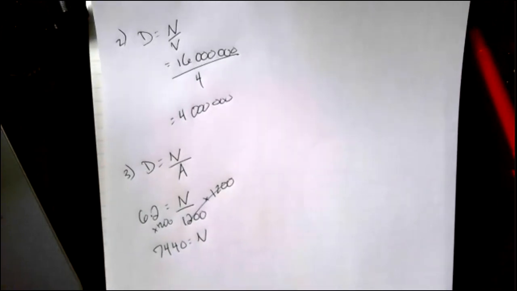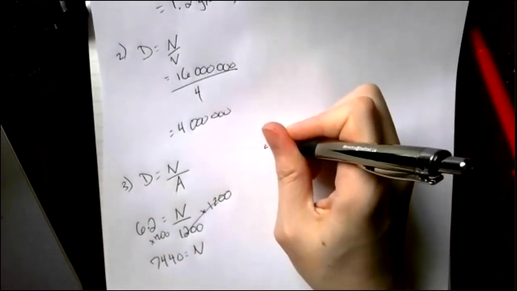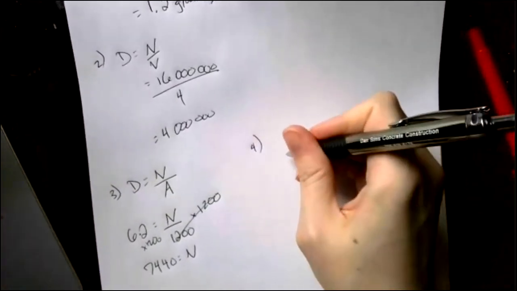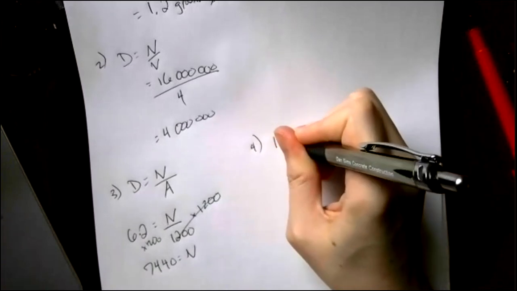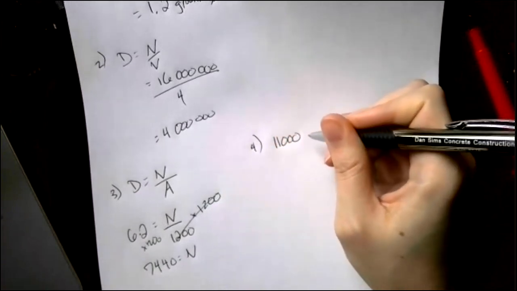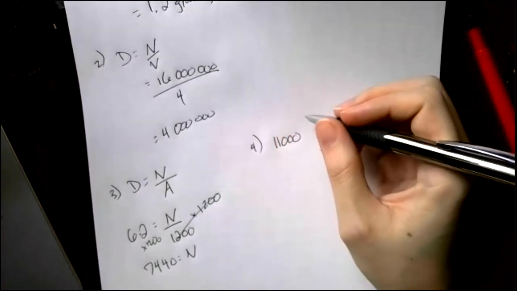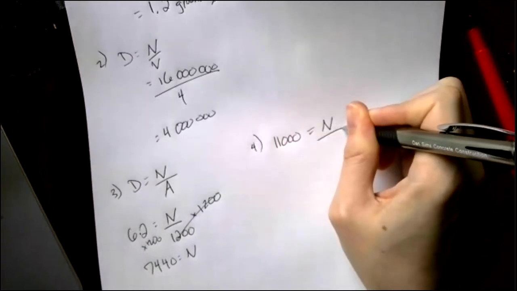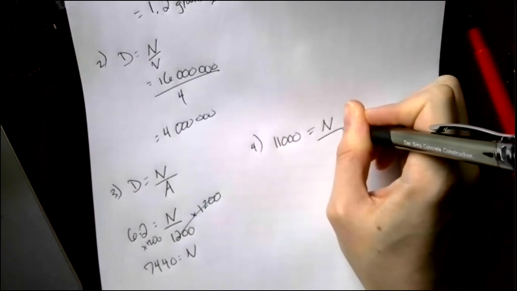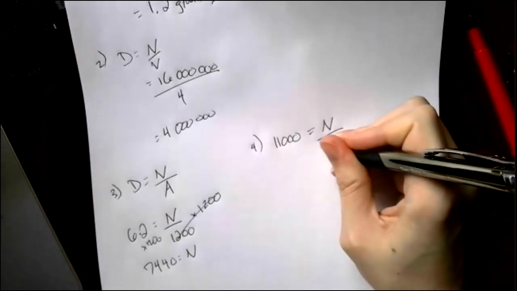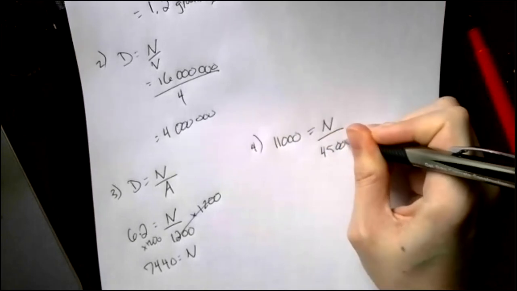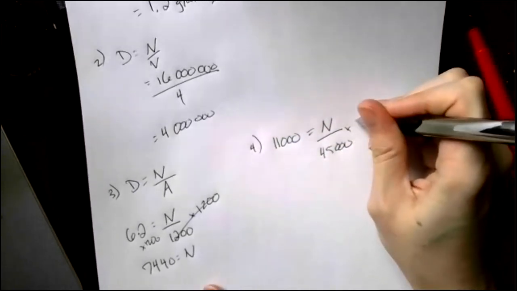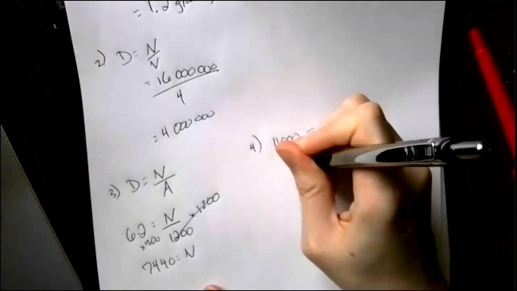And then for the last question, again, it gives us the density is 11,000 mice per meter squared, which is a lot of mice. Again, we're finding the population, or the number of individuals, and it says that they are living in a 45,000 meter squared habitat. So once again, we just multiply by 45,000.